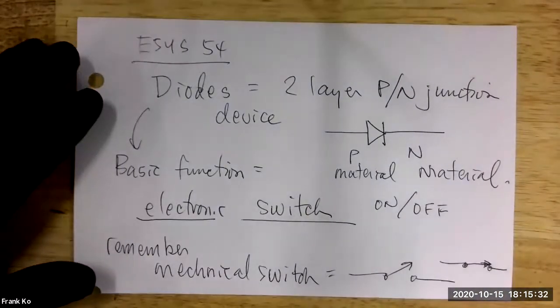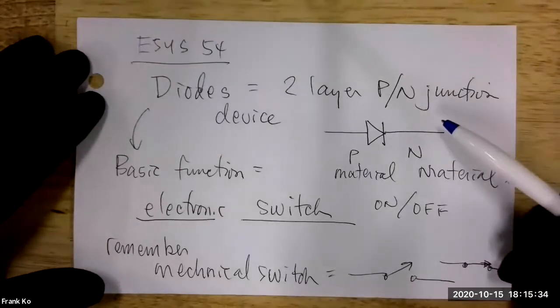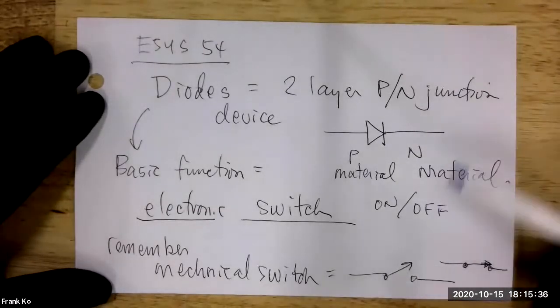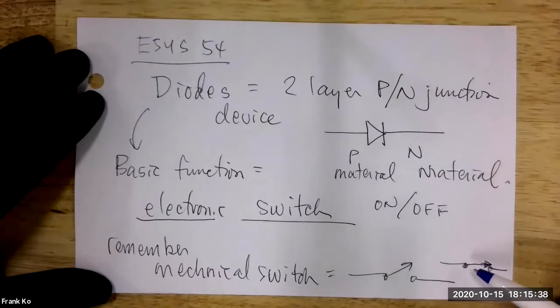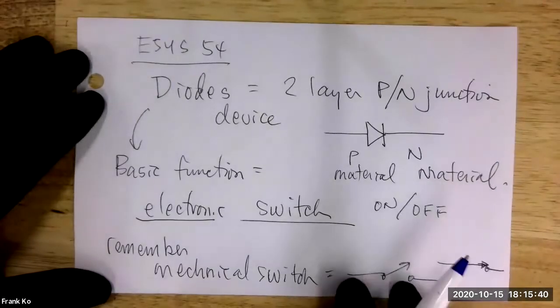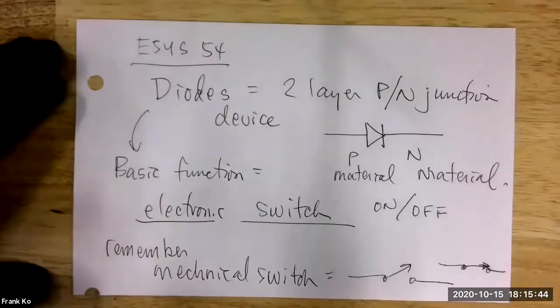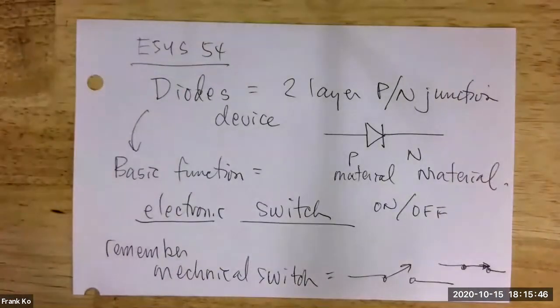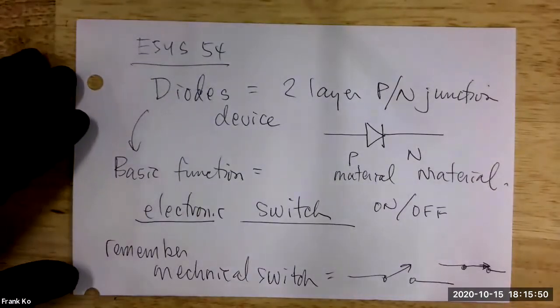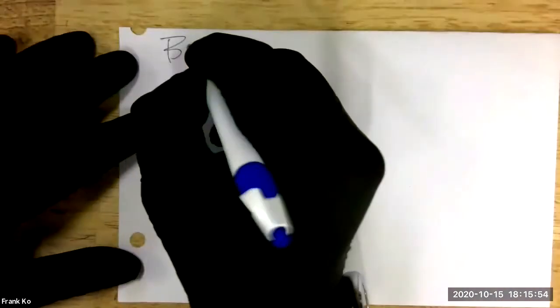So that being said, we want to use our diode to behave this way. Sometimes it's going to be open, sometimes it's going to be closed. How are we going to do that for a diode? How we can do that is through a technique known as bias.